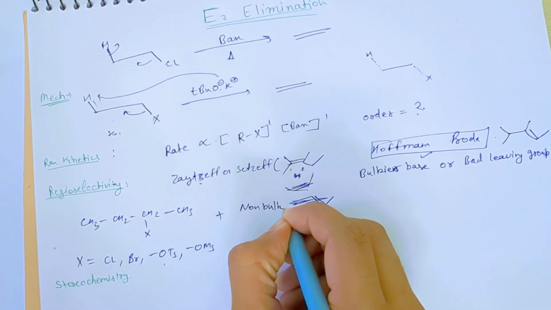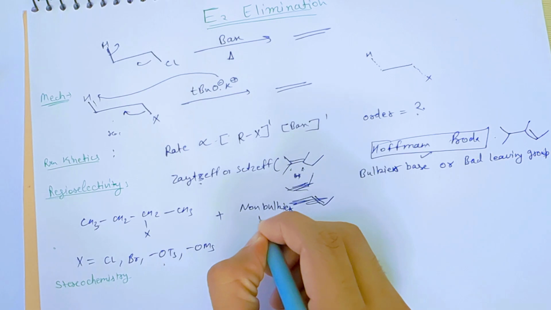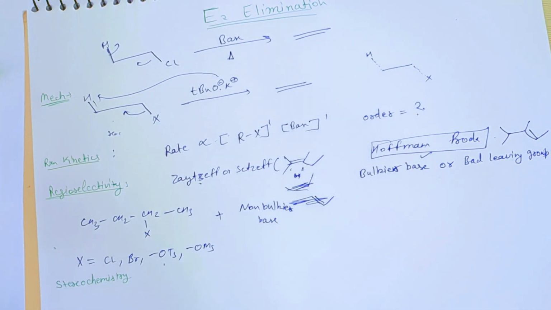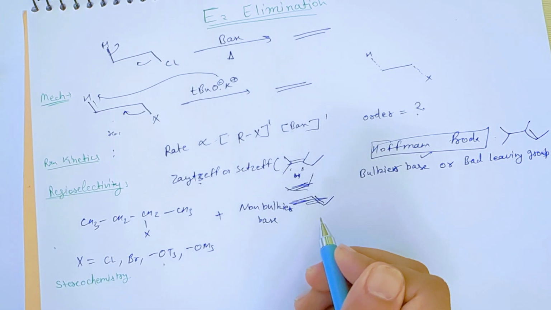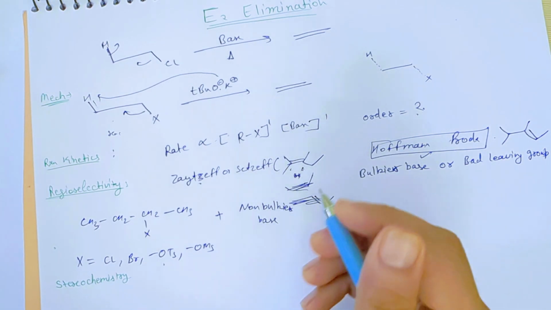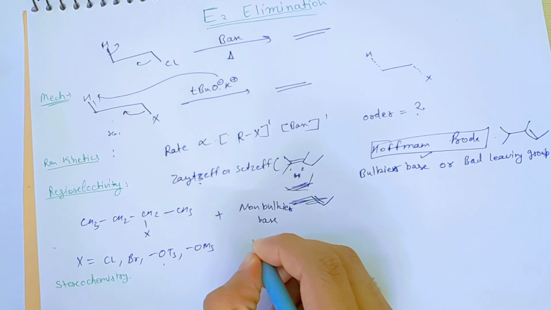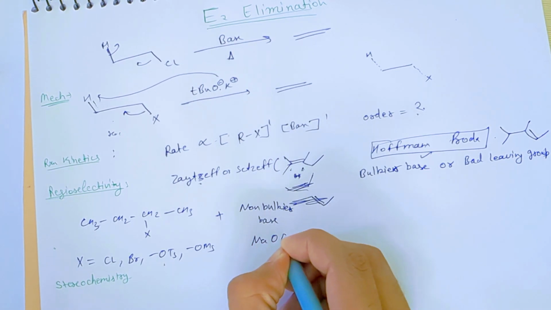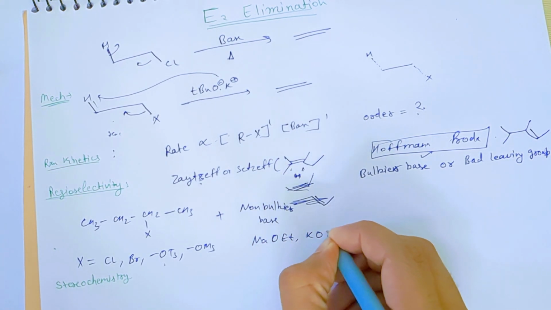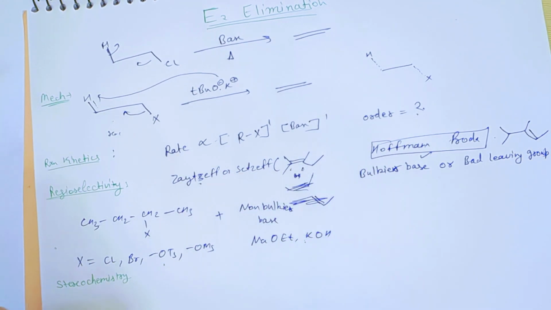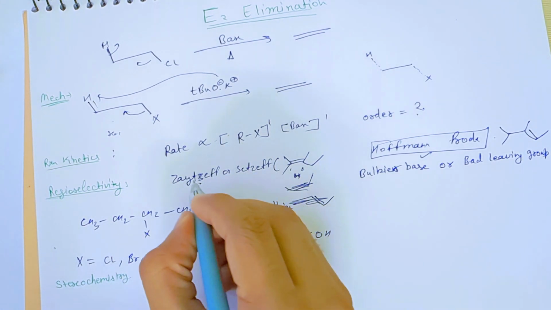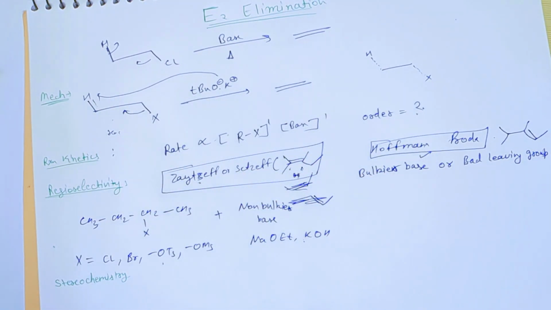Non-bulkier base means strong nucleophile and also strong base. Examples are NaOEt, KOH. These are less bulky bases, and so they will act as strong nucleophiles. So in this condition, we will get Zaitsev product, okay.